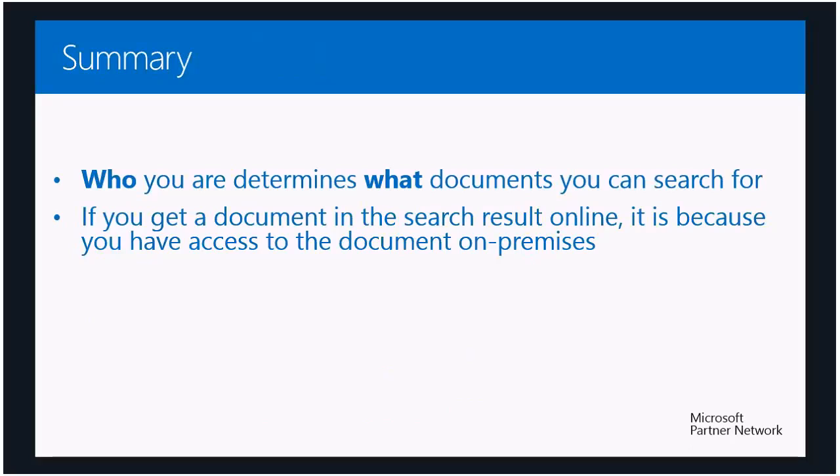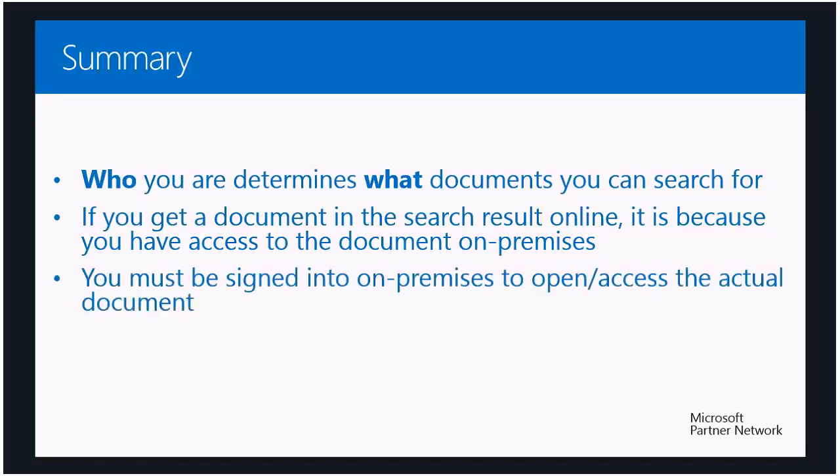If the user has permission to that content, then that document will show up in the search results in SharePoint Online. To get access to the actual document, you have to be signed into the on-premises environment. The search result only gives you the result from the search index. If you click on that document, you have to sign into the on-premises environment, and then you can open the document here.